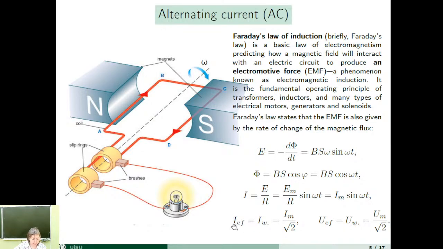The device is included in a circuit of alternating current. Ammeter and voltmeter show effective values of a current and a voltage.